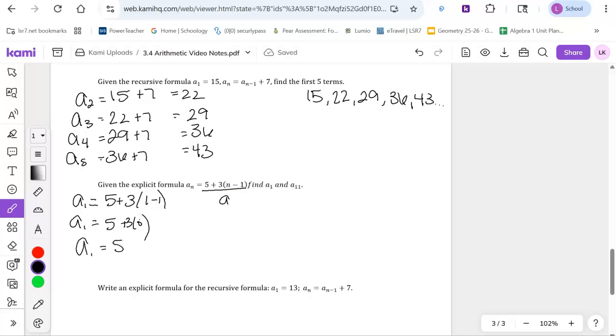Now for a sub 11, I have 5 plus 3 times 11 minus 1, which is 5 plus 3 times 10, which is 5 plus 30, so a sub 11 is 35.